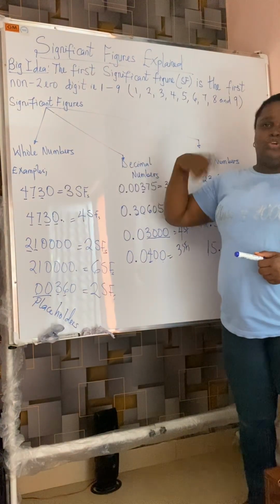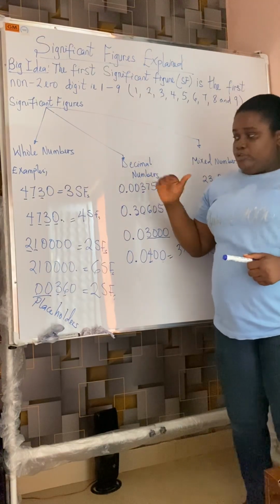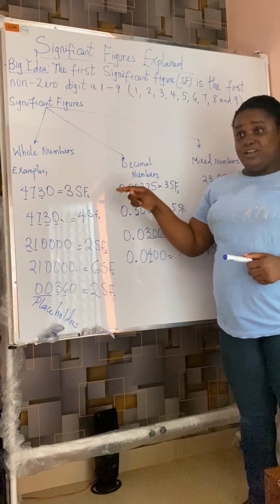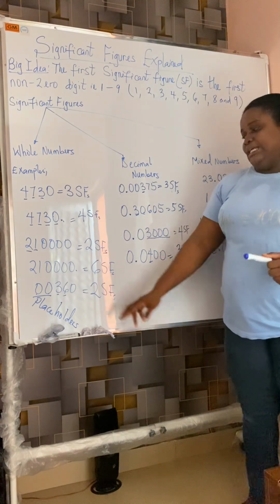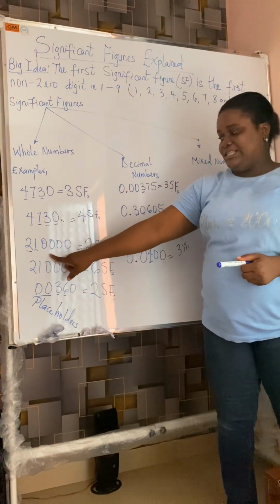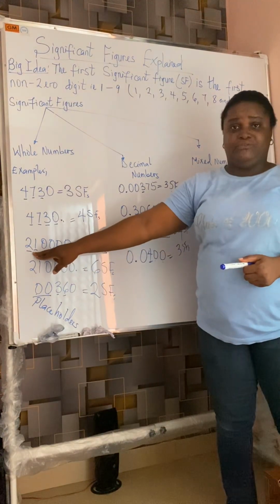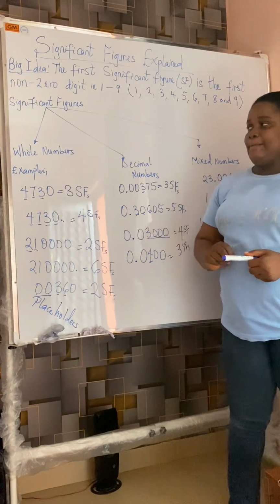If there is no decimal notation ending that, then it's possible that the zeros there are placeholders, so that we are not confused. That's why I said in 210,000 that there are just 2 significant figures, because these zeros here are acting as placeholders.